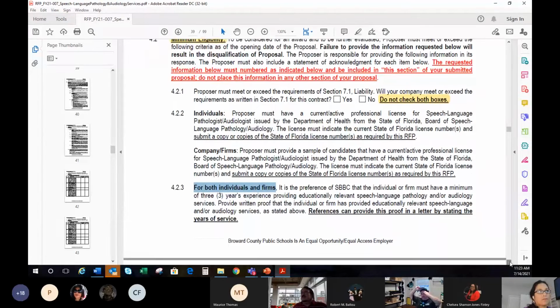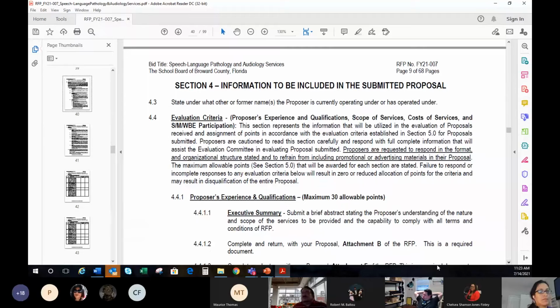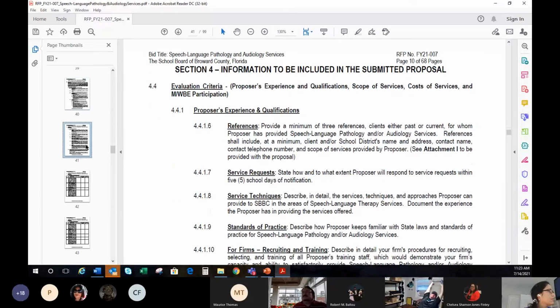We can go to the next page, which I think is 41. Okay. Now, what I said before, this is split again into 4 different sections, the experience and qualifications. Again, I will let you read through this.